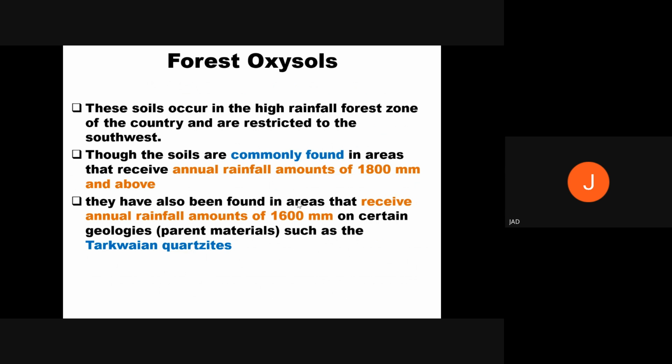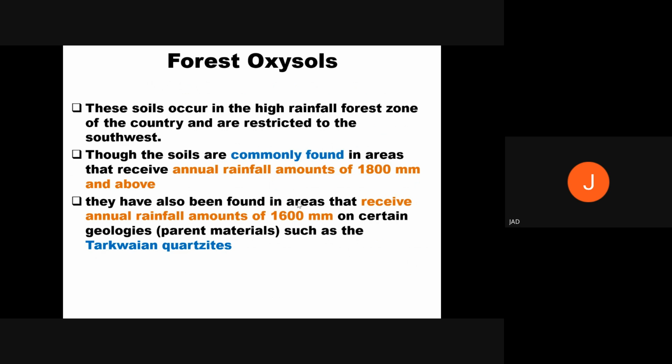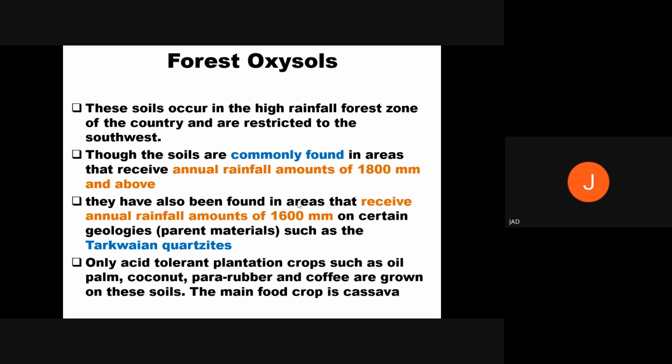They are also found in areas that receive annual rainfall of about 1,600 millimeters on certain geologies, such as the Tarkwaian rocks, sometimes the Tarkwaian series. With this type of rock, especially if you study the distribution of gold in Ghana, wherever you have this rock, you tend to have some level of gold in it.